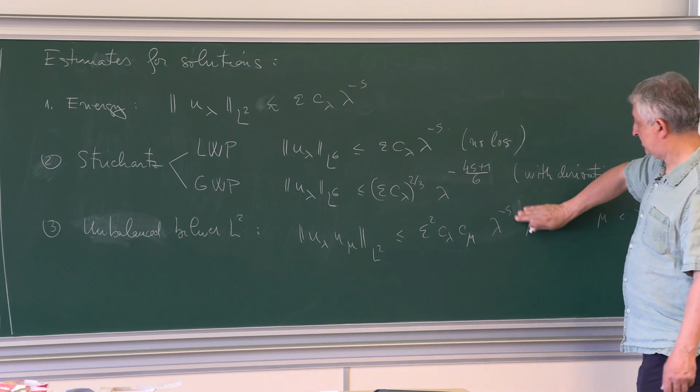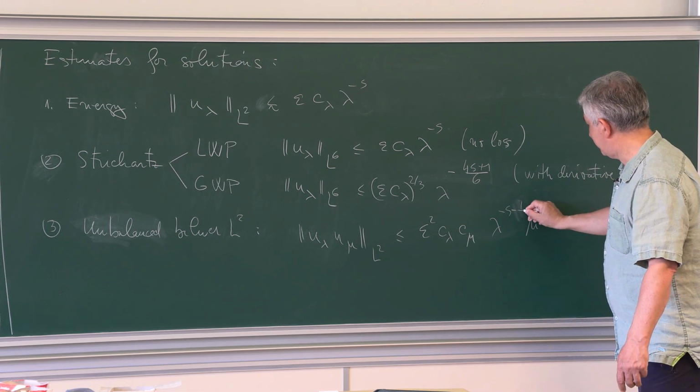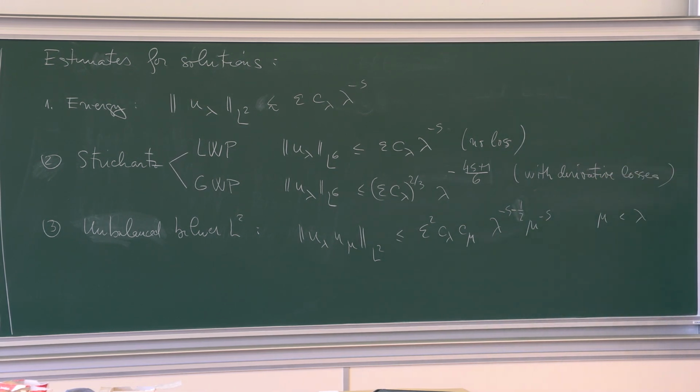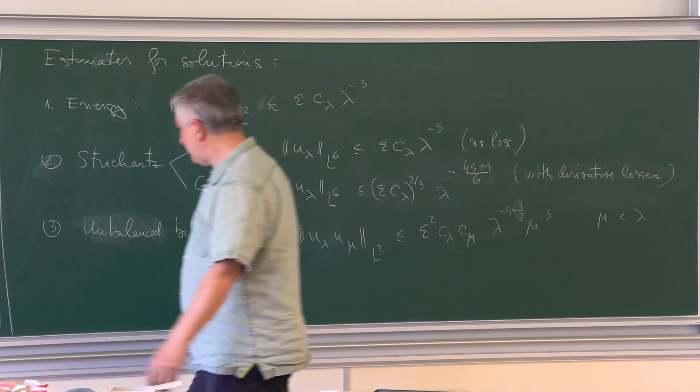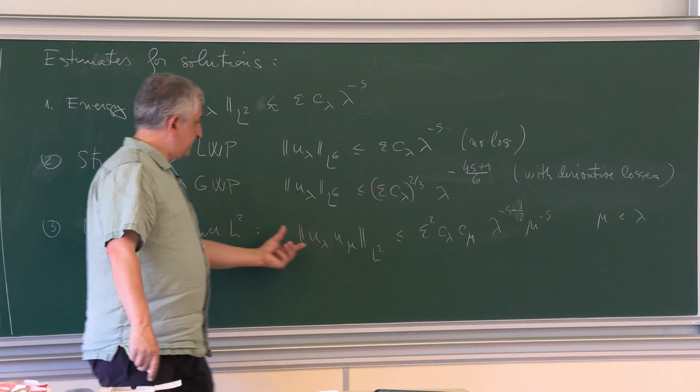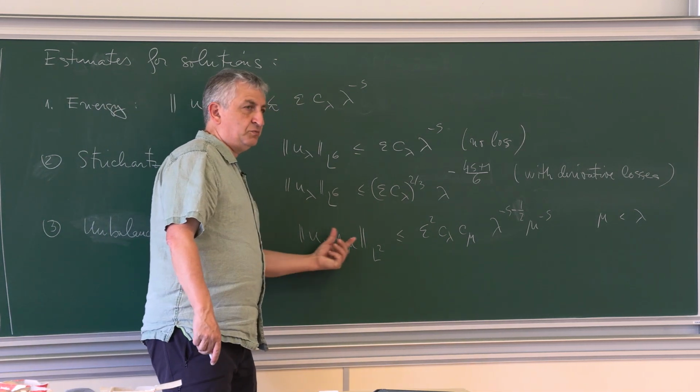Sorry, minus 1/2. I said 1/2 and I put 1. So you gain 1/2 a derivative, and this corresponds to the local smoothing estimate or local energy decay. All right, and this is what happens when these two have separated frequency supports.